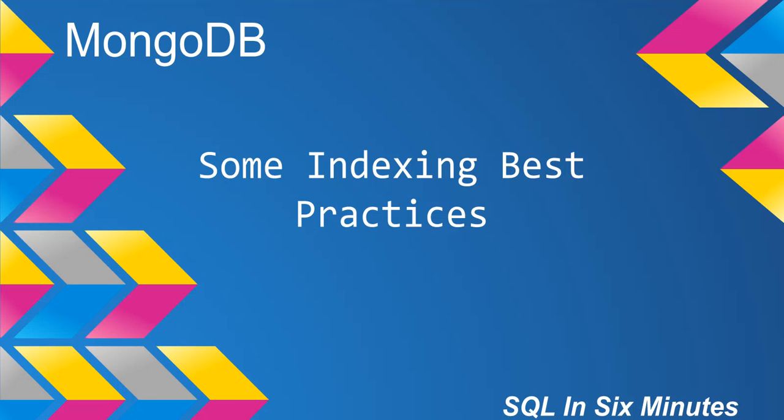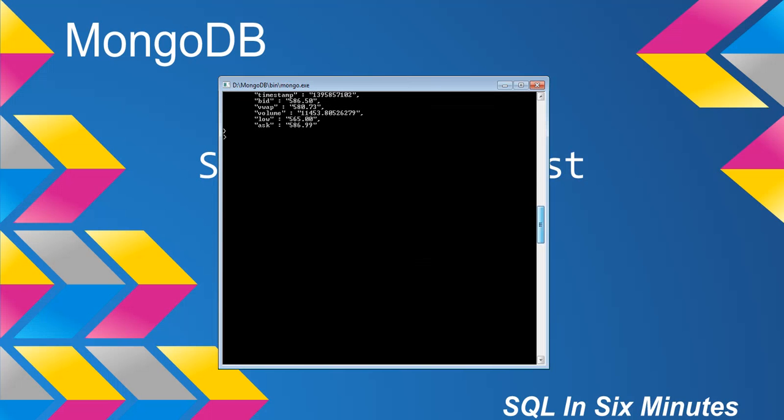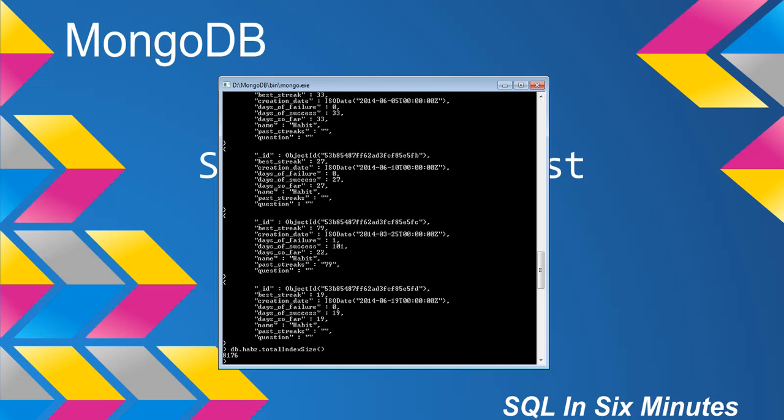Let's go here and do db.habs.find().pretty(). Let's look at this, and then if we go to db.habs.totalIndexSize(), you can see the size of our indexes.